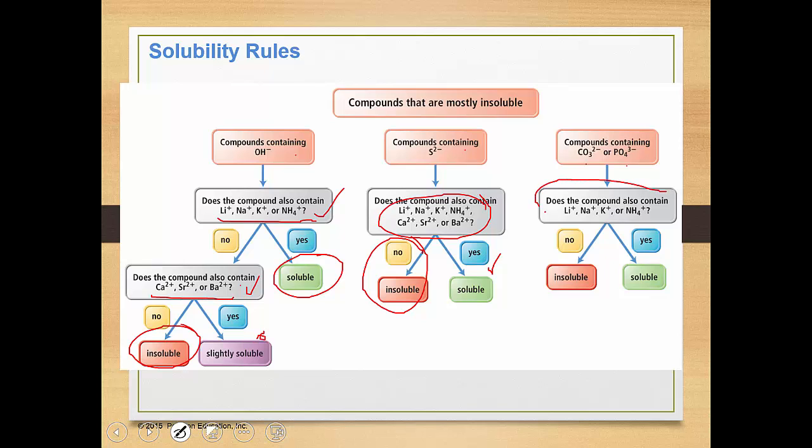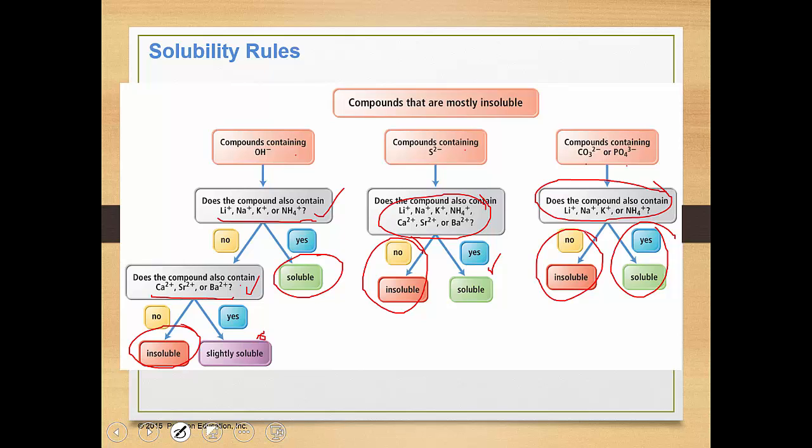Again, we go back to the ones we already said. Does it contain any of those cations? Those are always soluble. If it has one of those, yep, it's soluble, doesn't matter what you put it with. Otherwise, anything else, calcium, magnesium, iron, any of those, it's going to be insoluble.